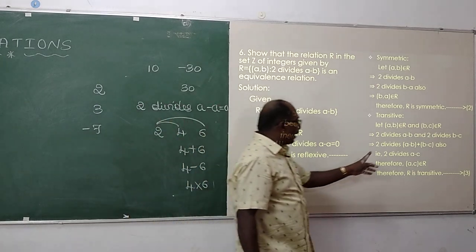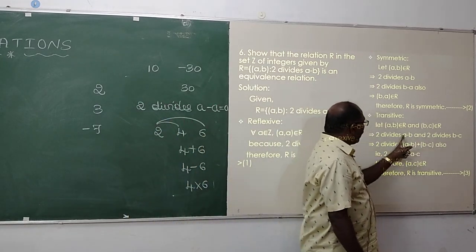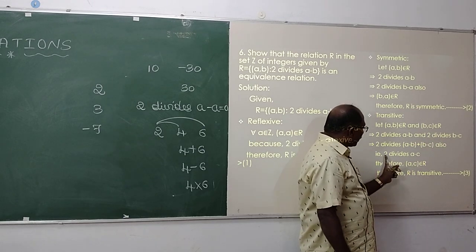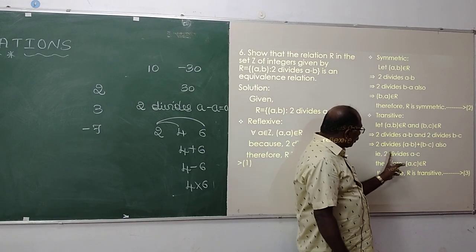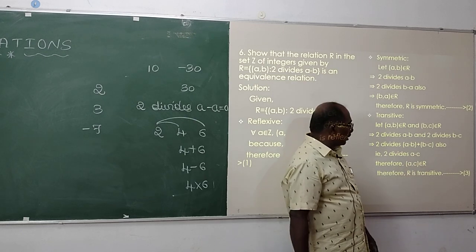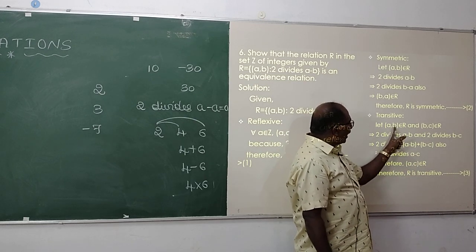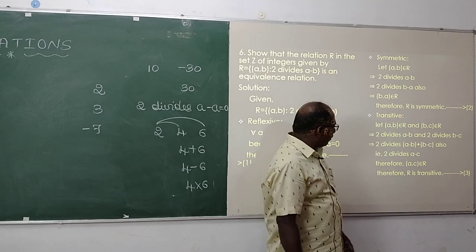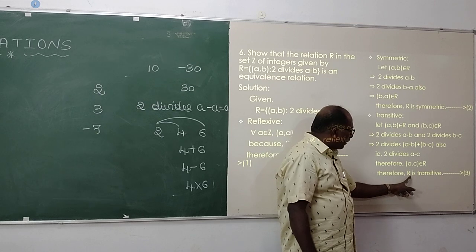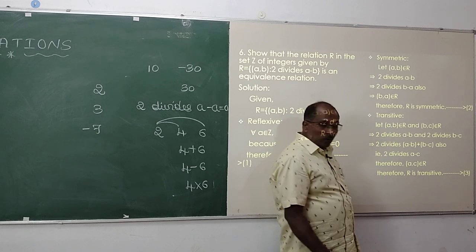Since 2 divides a minus b and b minus c, it also divides the sum of a minus b and b minus c, that is, 2 divides a minus c. 2 divides a minus c means the ordered pair (a, c) belongs to R. Therefore, whenever (a, b) belongs to R and (b, c) belongs to R, (a, c) also belongs to R. Therefore, by definition R is transitive.